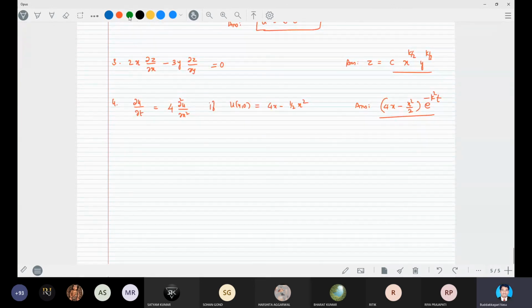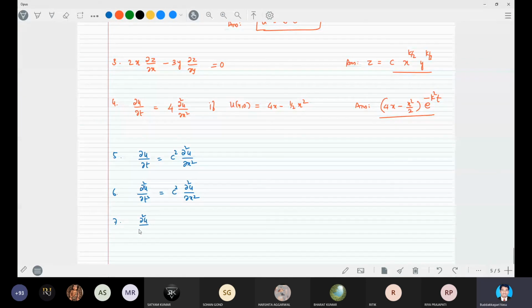Do one thing for the next class. I would like to give you some questions. You solve these questions, please. Solve dou u by dou t is equal to c square into dou square u by dou x square. Next, dou square u by dou t square is equal to c square into dou square u by dou x square. 7.